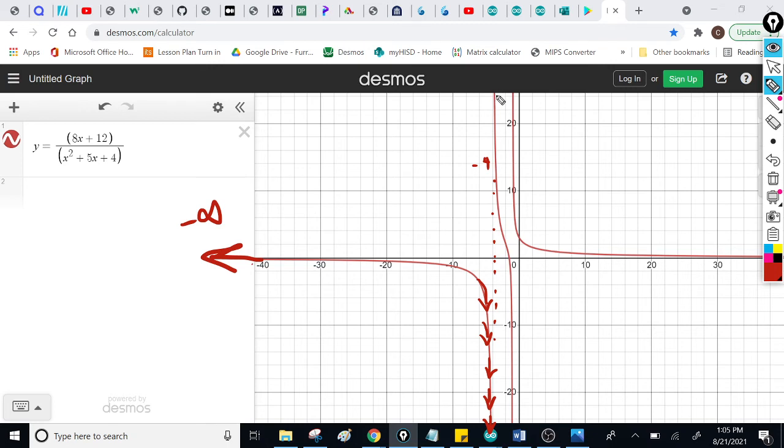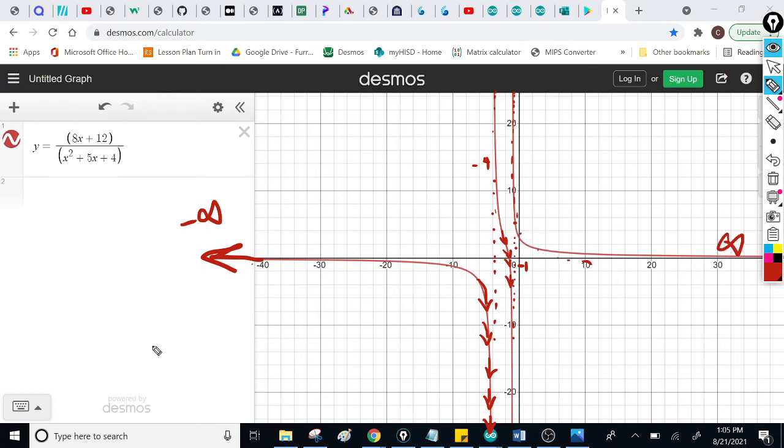And then it picks up from -4 and keeps going to the right, but then it will keep going lower again and stop right here. So it will approach -1, but it will never touch it. And then it goes from -1, picks up again, all the way to infinity.